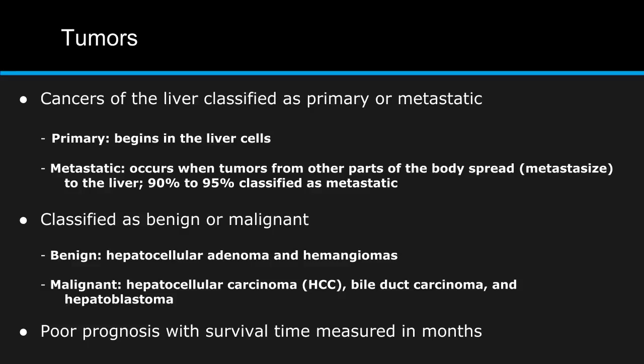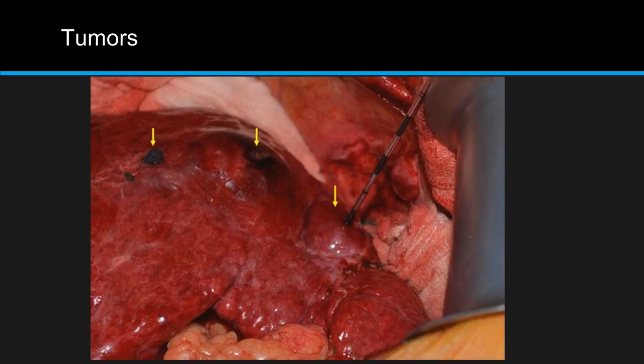Malignant tumors of the liver include hepatocellular carcinoma and bile duct carcinoma, as well as hepatoblastoma, which is an uncommon hepatic malignancy of children. Whether primary or metastatic, any malignant tumor in the liver is a serious finding and carries a poor prognosis, with survival times measured in months. In this picture, we can see a liver with 3 separate tumors.